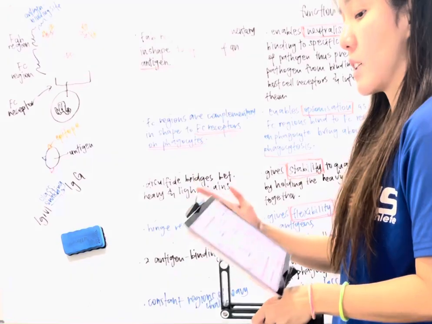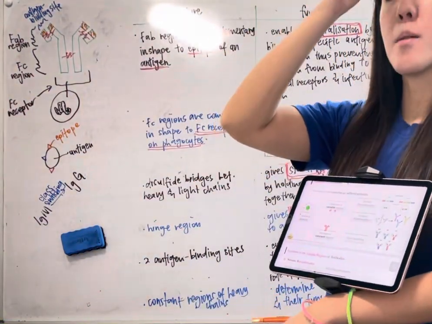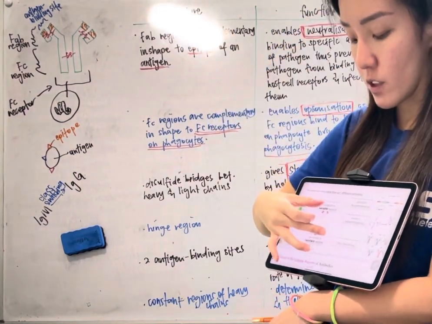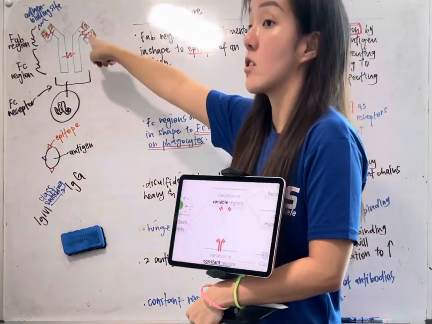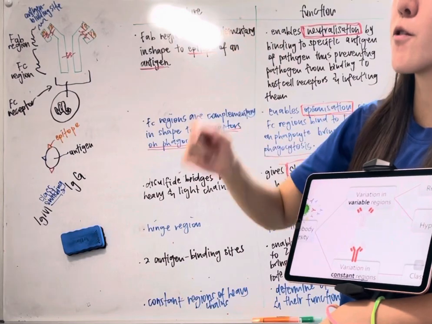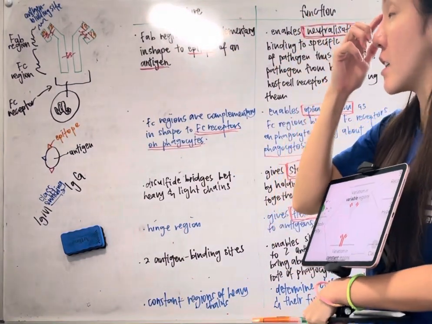Something I need to point out is a lot of students always think about your variable regions. How can I have variation in my variable regions? Variable regions again are those in orange on the board. So how will I be able to form different specific antibodies that can target these antigens?